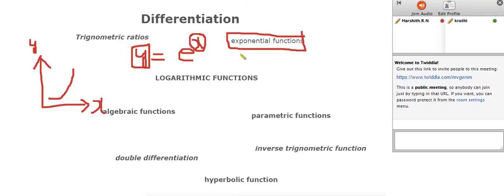If you write y is equal to e to the power minus x, at that time it is exponential decay. The first one is exponentially increasing, this is exponentially decreasing. Another word you can put is exponential decay. Fine. If you differentiate, what happens?